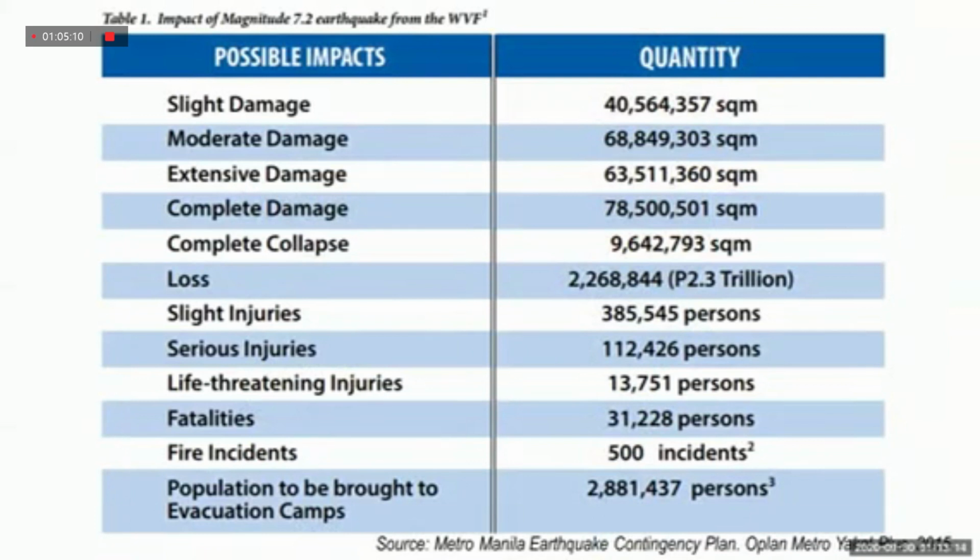So, what is the impact of a 7.2 magnitude earthquake? You're expected to have immediate fatalities of about 30,000 persons. And these are other quantifiable effects of your 7.2 magnitude earthquake.